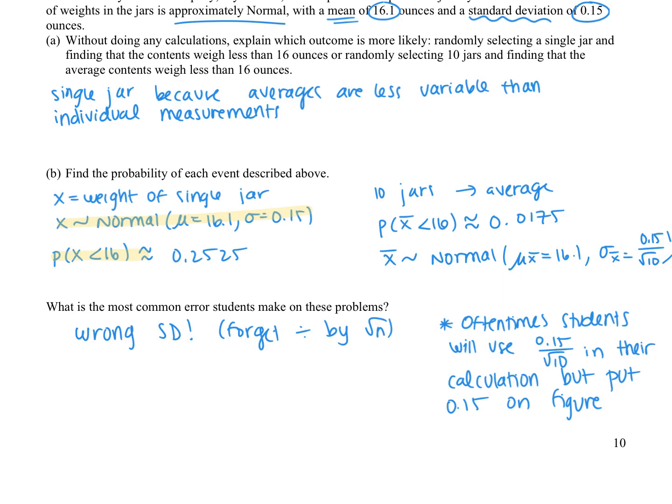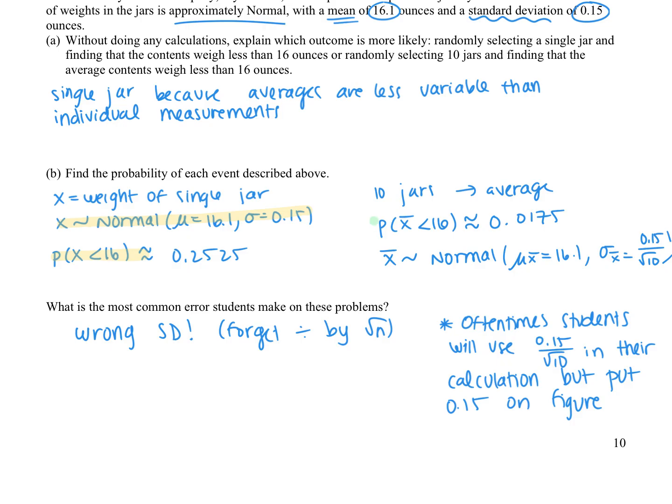So they'll use the correct standard deviation in their calculation, but then put the wrong one on their figure. What College Board does is consider that a parallel solution, considers it giving two solutions. So even though you got the correct probability, you would be marked incorrect because of the wrong number on your figure. And so we have to make sure we use the right standard deviation and also put the right one on the figure. Last thing I want to say real quick.